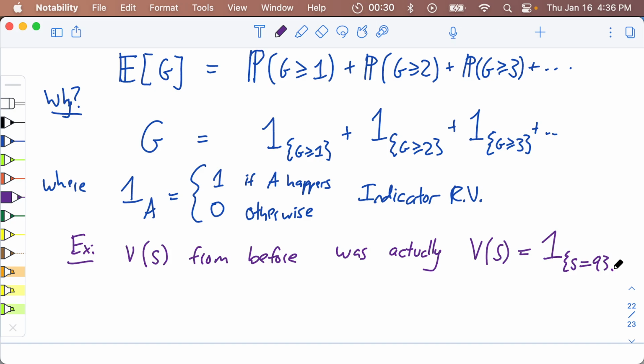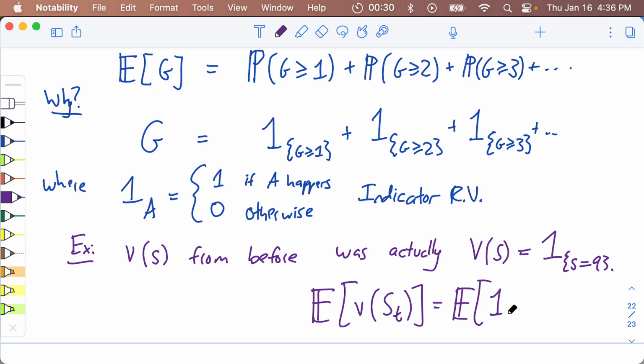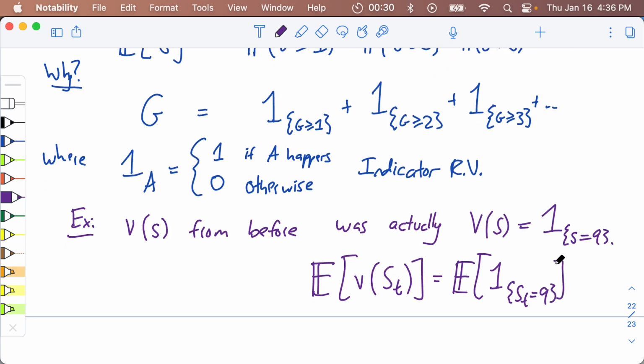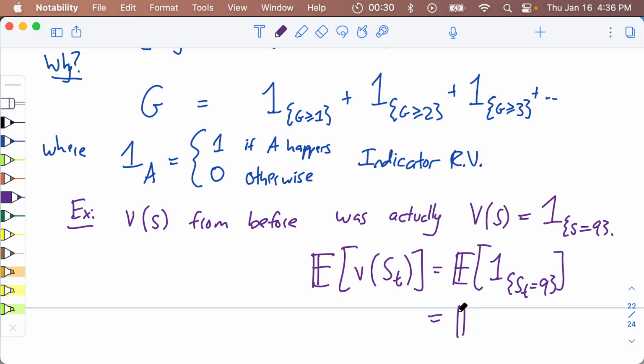And we even used the fact that the expected value of v of st is the expected value of the indicator function of st equals 9, that is the probability that st equals 9. So the expected value of an indicator function is a probability. If something is either 1 or 0, what is it on average? Well, it's whatever the chance is of it being 1.